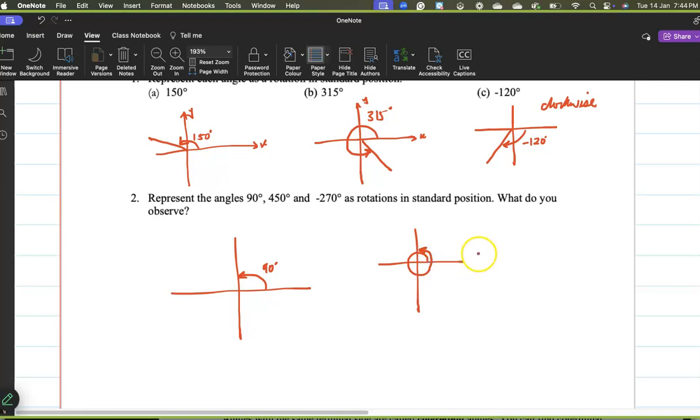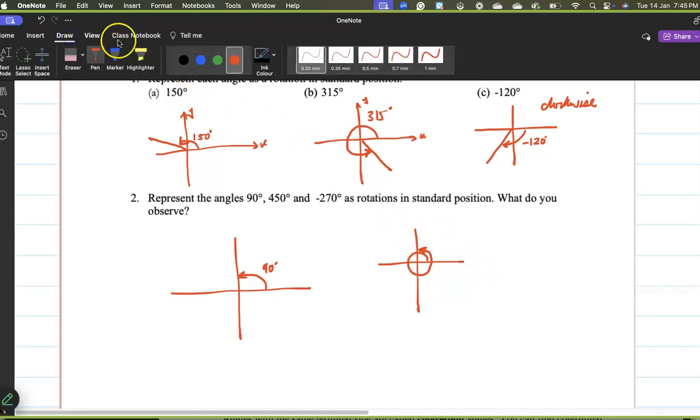Correct? So you're coming back there only. So this is your final arm coming here. Here also your final arm is coming here. Okay? And minus 270 would be straight, but down.